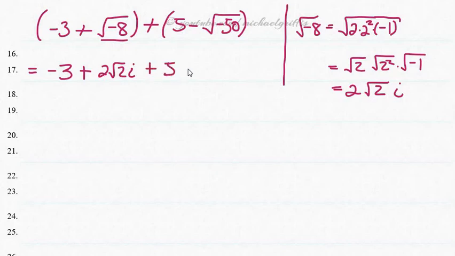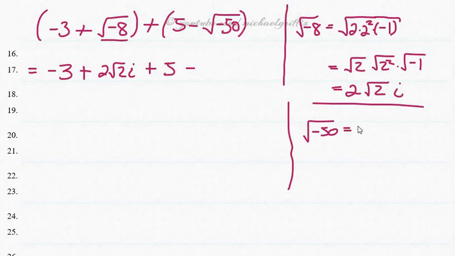Plus 5 minus, now we got to do the same thing here, so let's go ahead and do that right over here for right now, till we get comfortable enough to skip some steps. All right. So this is 2 times 25 times -1.